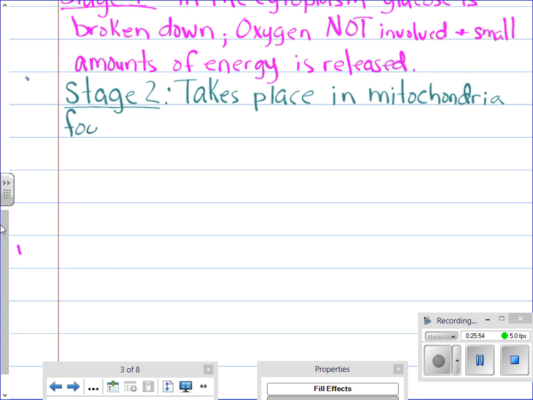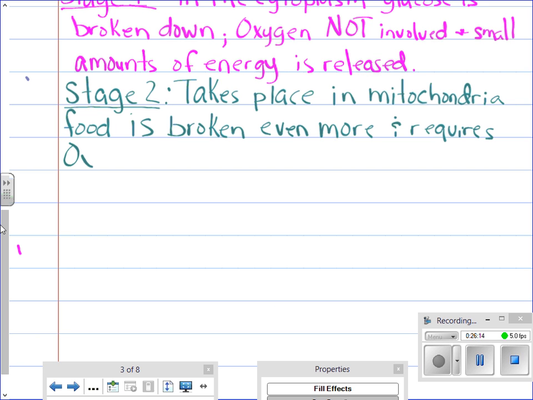Food molecules, just so food is broken down even more and requires, you need what to help you build more energy? Oxygen. This requires oxygen.